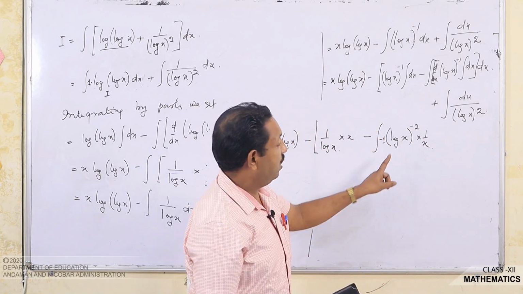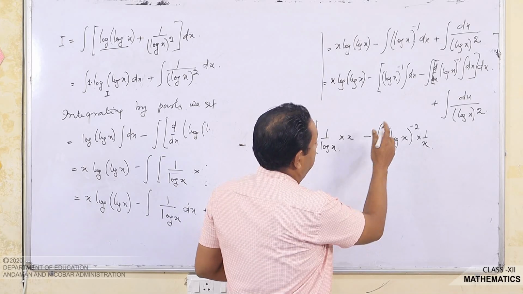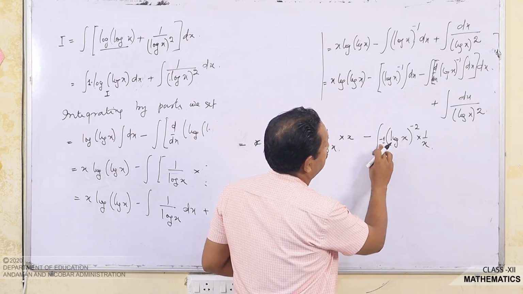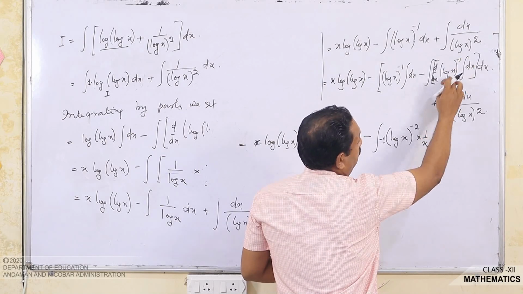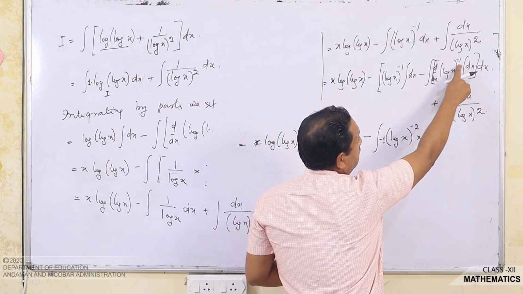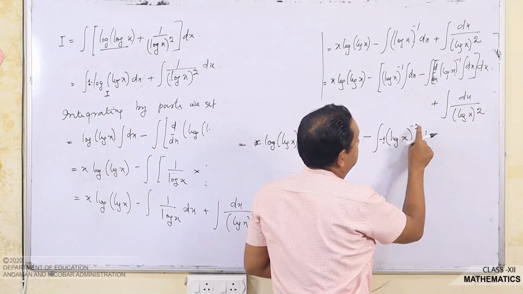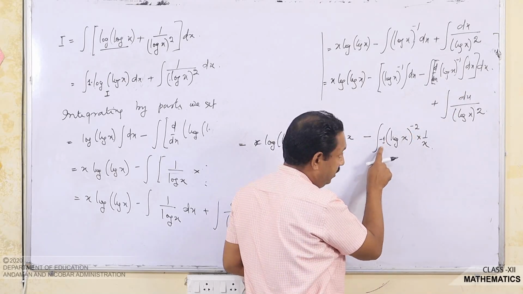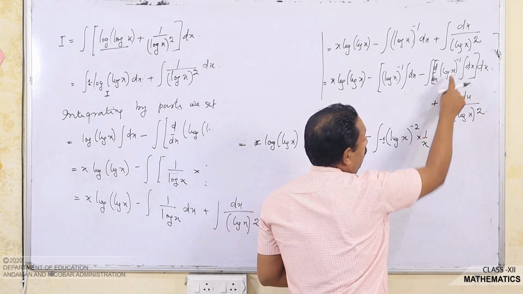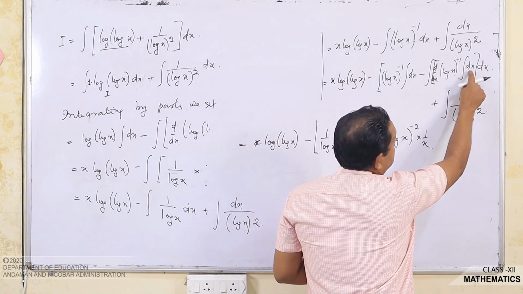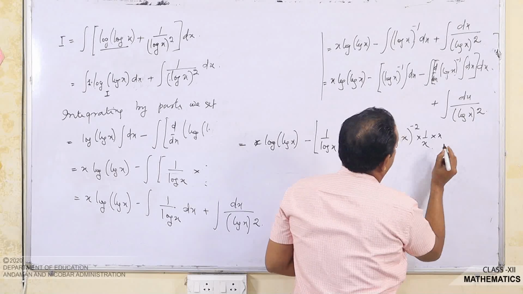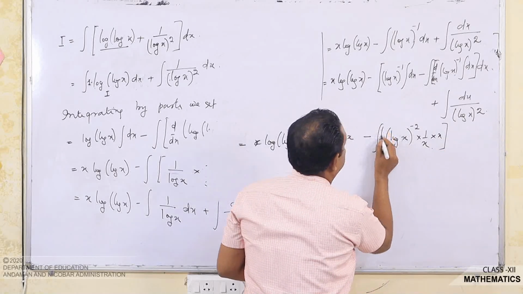Dear students, look here very carefully, I am keeping this within a bracket. This is the derivative of (log x) whole power minus 1. So, (log x) whole power minus 1 is (log x) whole power minus 2, and minus 2 is here, minus 1 is here, and for that log x we have 1 by x, okay, and integration of this dx is what, x, and keep all these things within a bracket.